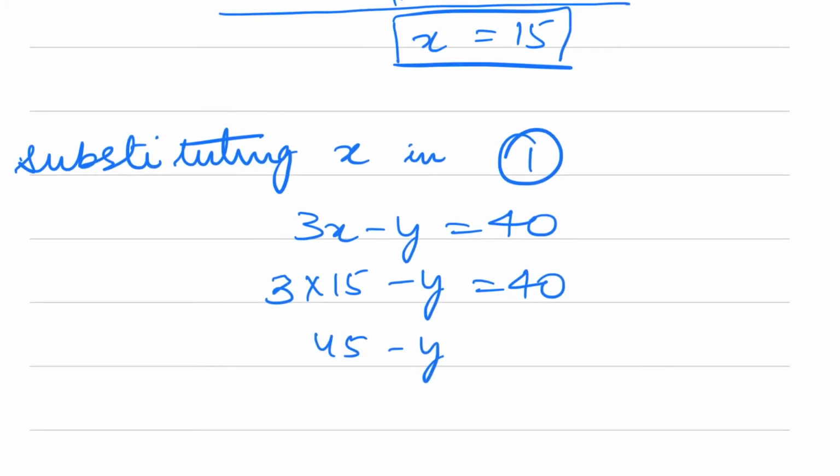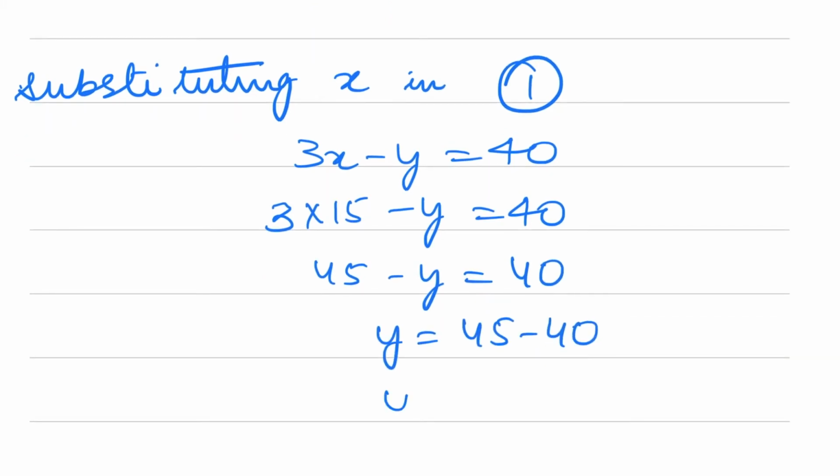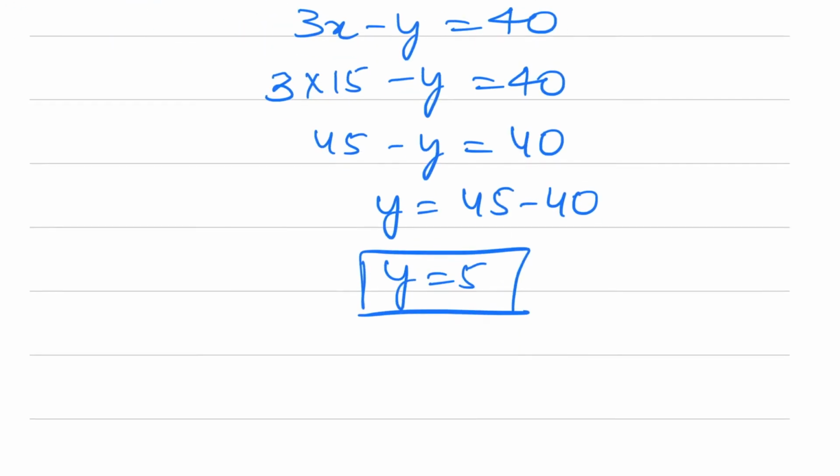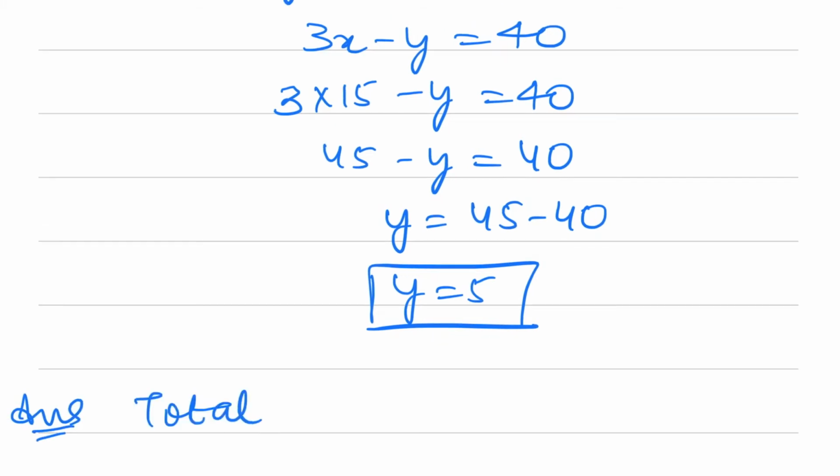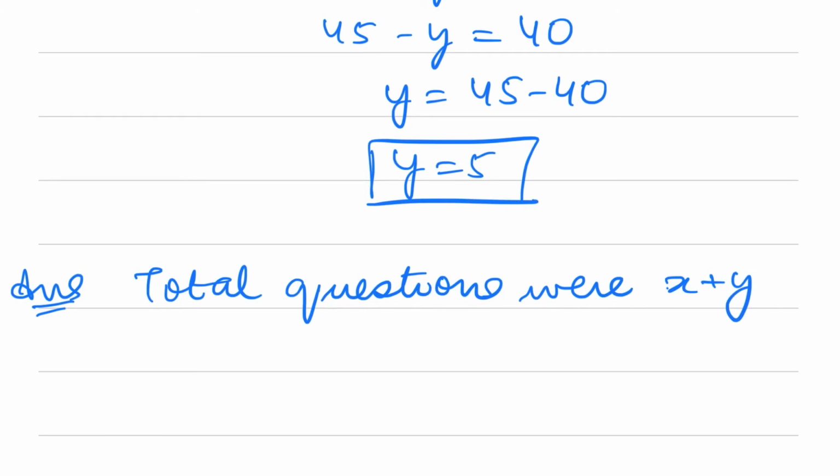So we have 45 minus y is equal to 40. So y is equal to 45 minus 40. So y is equal to 5. So answer we can write down as total questions, x plus y. So we have 15 plus 5. So 20 questions in all.